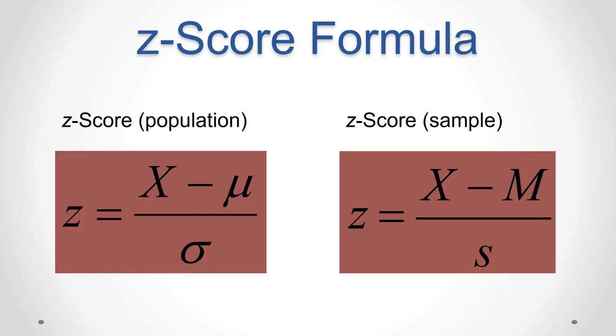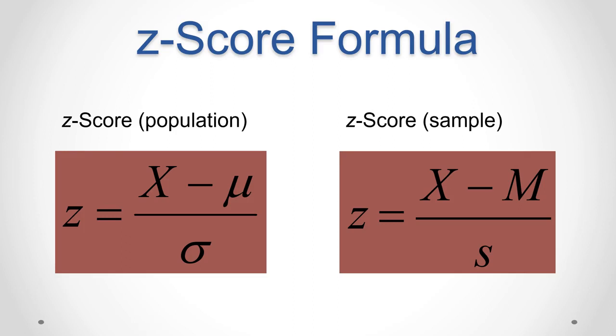The steps to calculate a z-score, or to change a raw data value or score to a z-score, are as follows. 1. Calculate the deviation score. Subtract the mean from the data value: X minus mu for population, or X minus M for sample data.